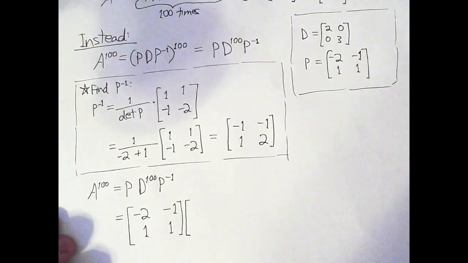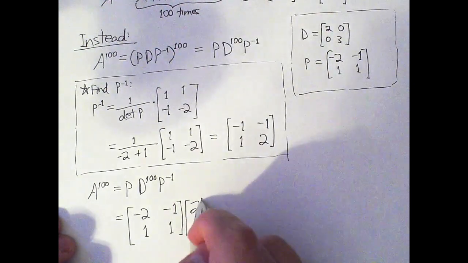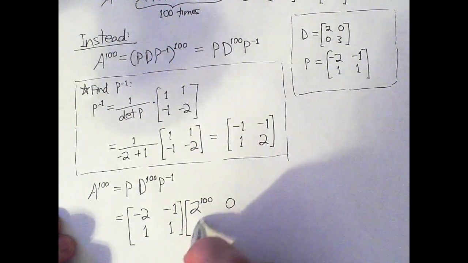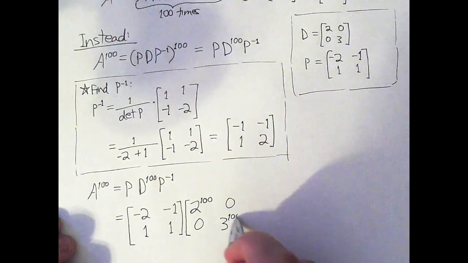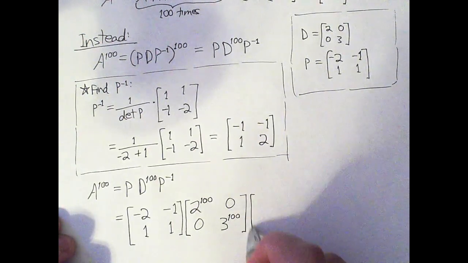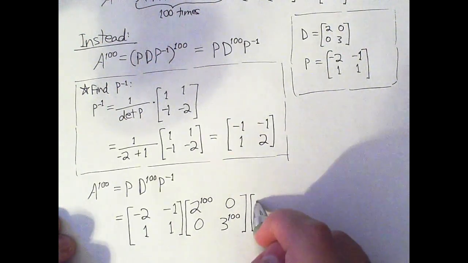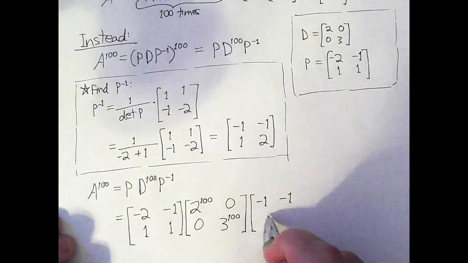Okay, what's D to the 100? Well, 2 to the 100, 0, 0, 3 to the 100, and then P inverse, -1, -1, 1, 2.